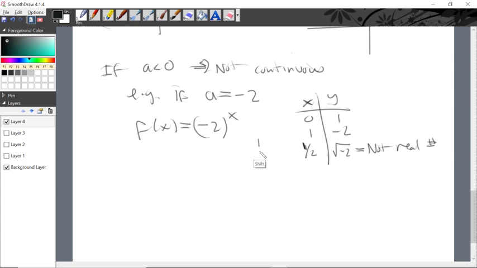So as a result, if we were to try to plot this, we have a point at (0, 1) that we could plot, and then we have this point out here at (1, negative 2) that somehow we get to, but in between, where x is equal to 1/2, what do we have? The function is completely missing here. There is no point here. So really, there's a discontinuity.